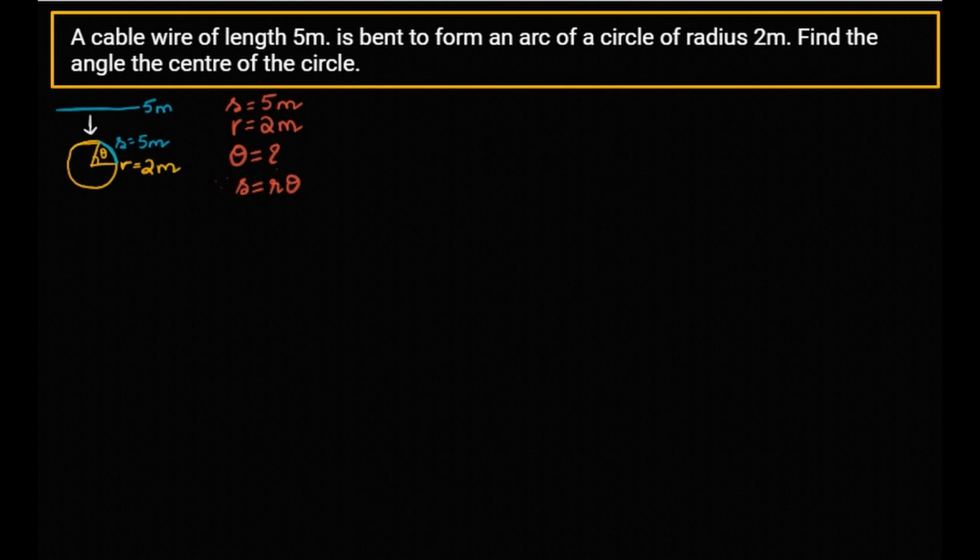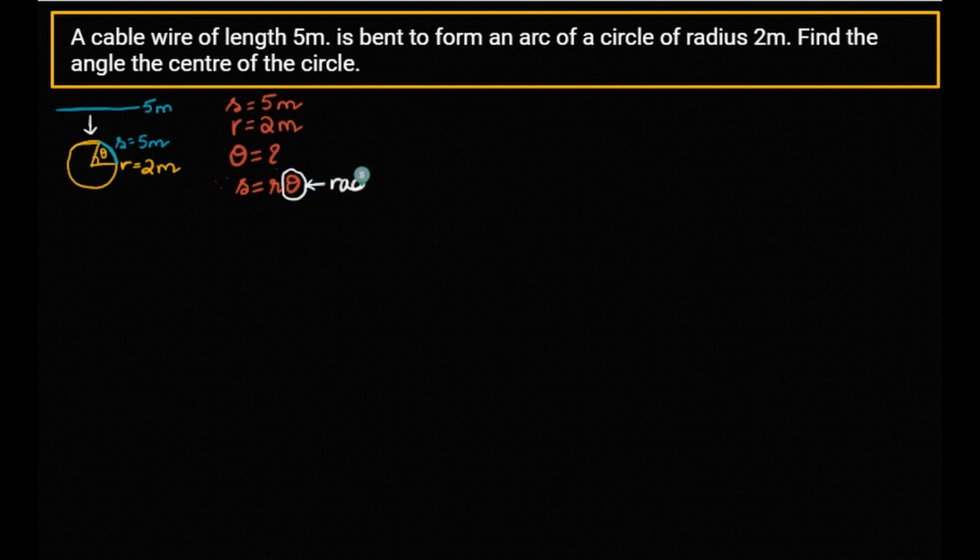The second theorem states that when an arc of length S subtends an angle theta at the center of the circle of radius r, then S is equal to r theta. Note that here the value obtained for theta is always in radians.